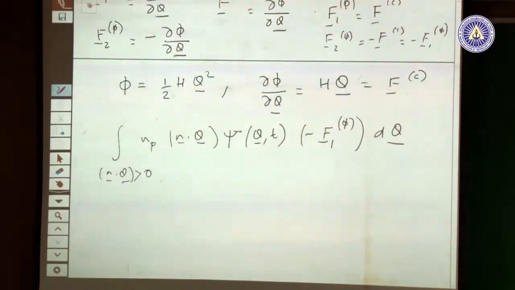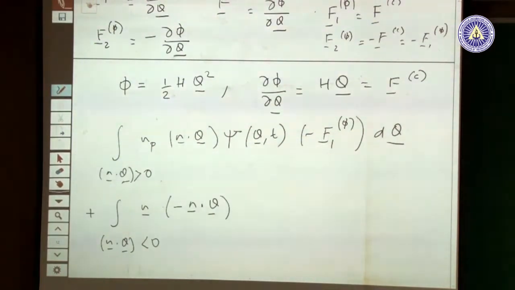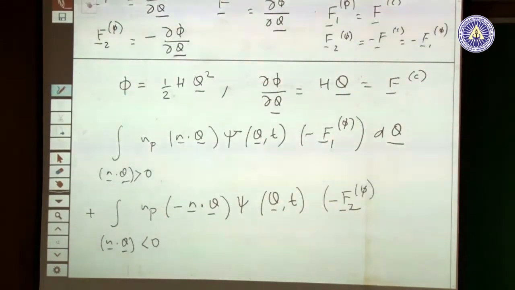Now I can do the same argument, putting bead 2 on the negative side and bead 1 on the positive side, and you can work this out for yourself. This is n dot q less than 0, n p, and now the volume, to keep the sign, will be minus n dot q, times psi q comma t, and we will get a minus F2 phi for the same reason as before, dq.